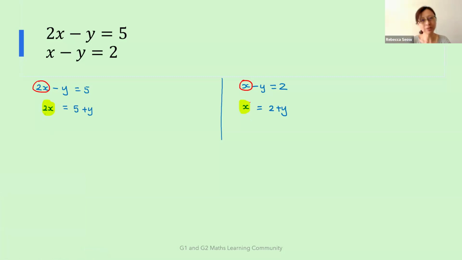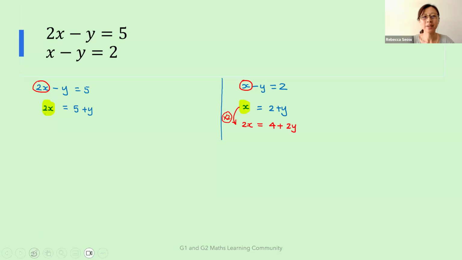I must times 2, right? When I multiply this by 2, I will get 2x on my left-hand side of the equation. Subsequently, all other terms on the right-hand side will also be multiplied by 2. So I will have 2x, 2 times 2, 4, positive y multiplied by 2, positive 2y.